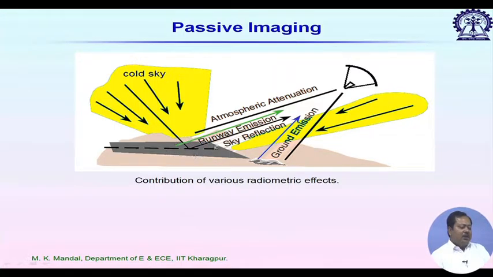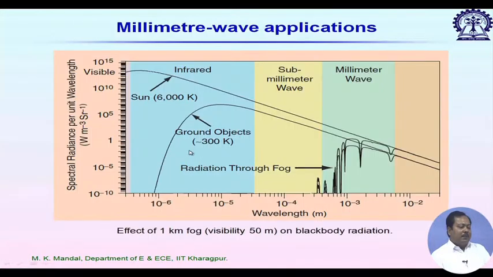Now, in addition to that, we have black body radiation. This black body radiation is due to its temperature profile. If temperature increases, the high frequency component increases. For example, if we plot the spectral radiance per unit wavelength versus wavelength for two different temperatures, for one black body at, let us say, 6000 Kelvin, this is the curve.